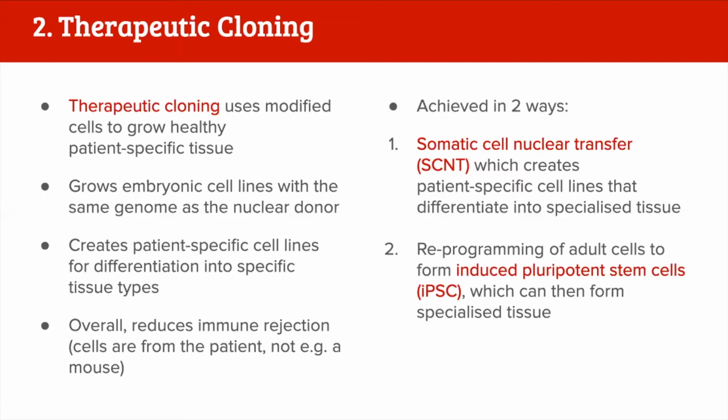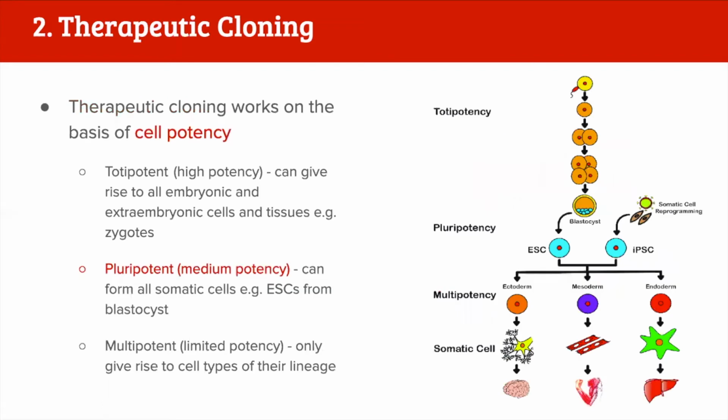Or the second way is reprogramming of adult cells to form induced pluripotent stem cells, or iPSC, which can then form specialized tissue. So therapeutic cloning is all about creating patient-specific tissue, okay?